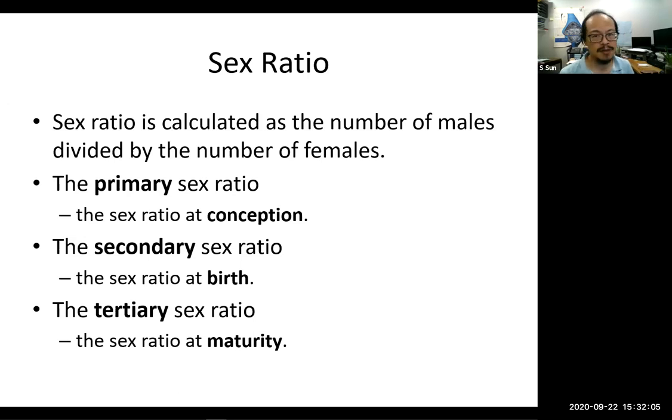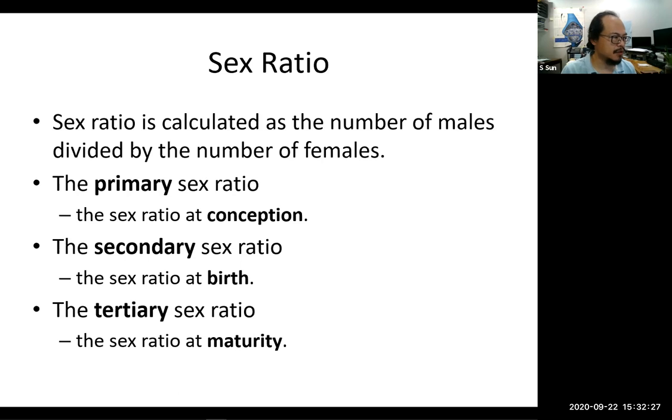And also at birth, with penis or not. And also at maturation, when the secondary sexual characteristics are recognized.